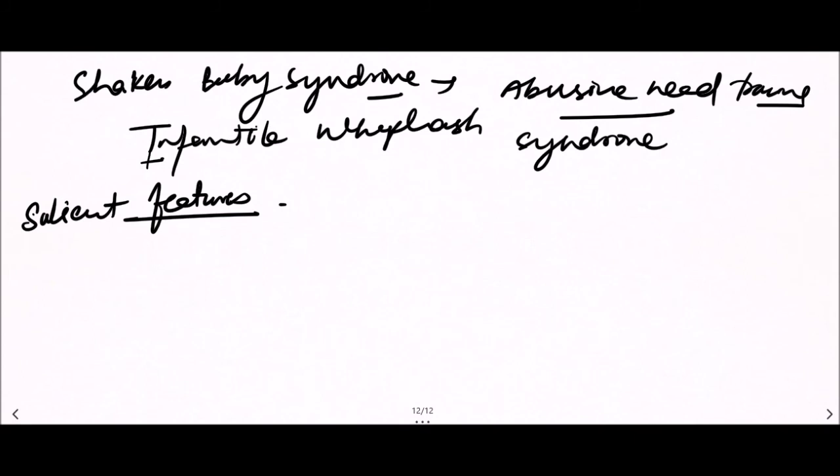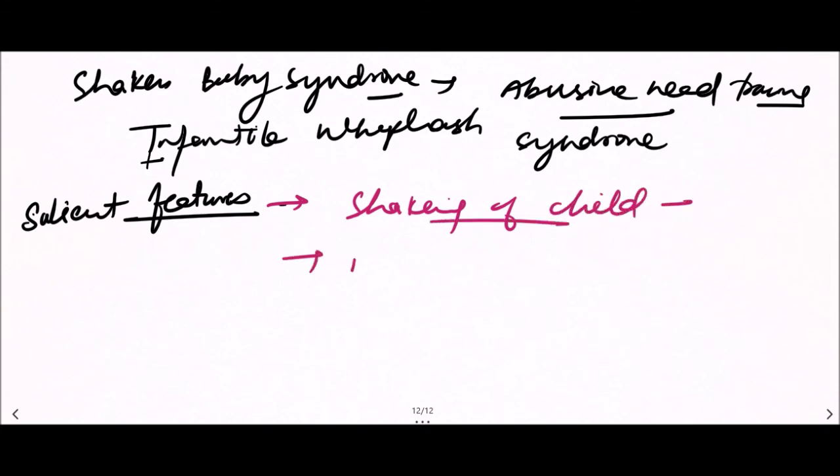Mostly the brain suffers injuries, and the degree of brain injury depends on the amount or duration of shaking. Brain injuries are characteristically seen due to violent shaking because the head of a child is quite large compared to the rest of the body.